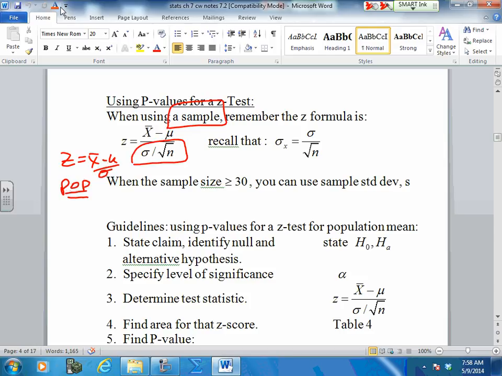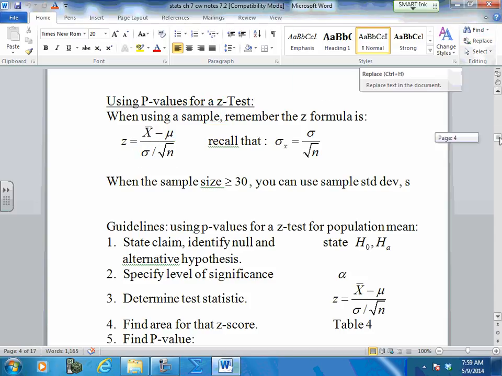We take your standard deviation and divide it by the square root of how many are in your sample. There's no degrees of freedom in this. This is your z-score. Because we always test a sample to make a judgment on your population, we're going to be using this modified z-score formula. Okay? And we're going to follow the same steps that we looked at before.